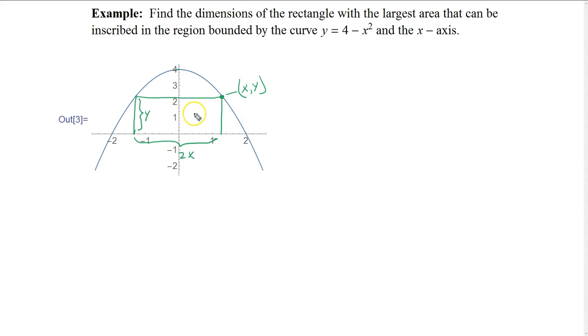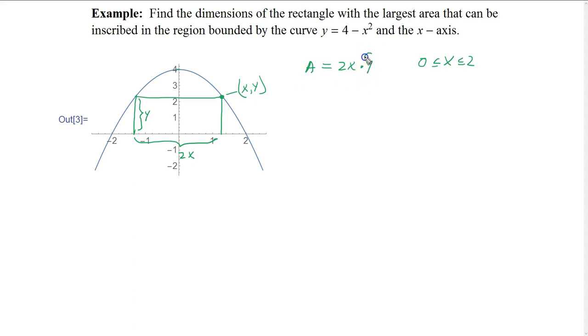So the area of this rectangle, as we have it drawn, is 2x times y. And notice also that x can vary from 0 up to 2. So we want to maximize this.